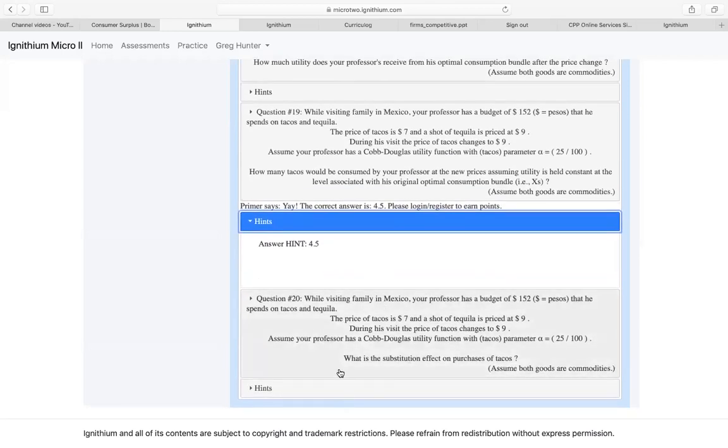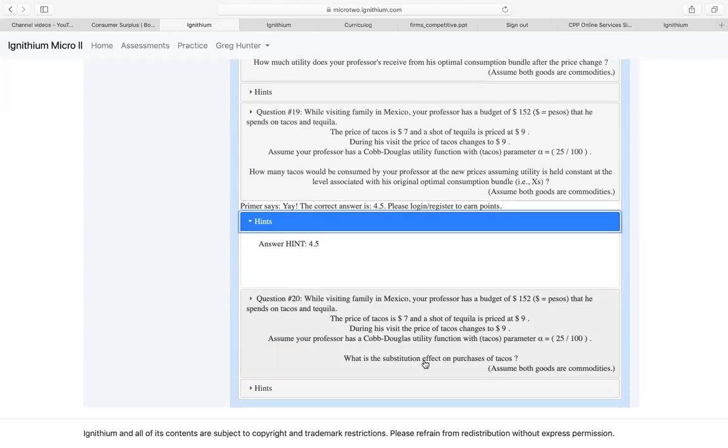Okay. And then it says, what's the substitution effect on the purchase of tacos? This is the last one. Now, I want to let you know that it has been a habit for me on the exam to ask people to also give the income effect. I ask you to draw something, and I might ask you to illustrate, for example, the income effect.